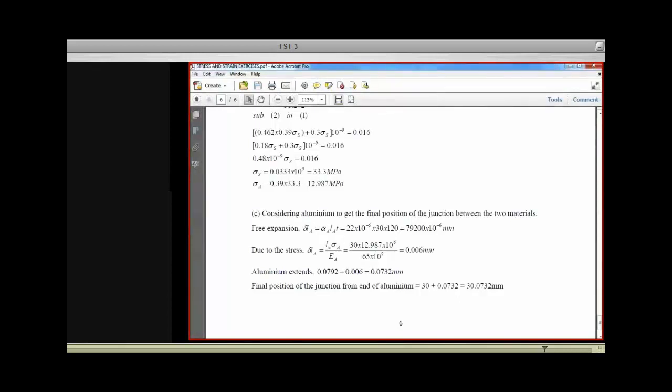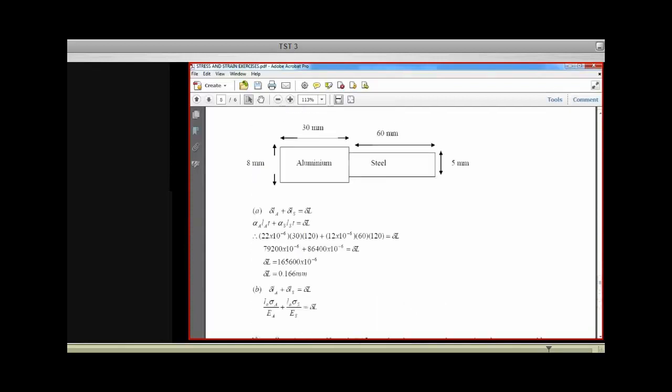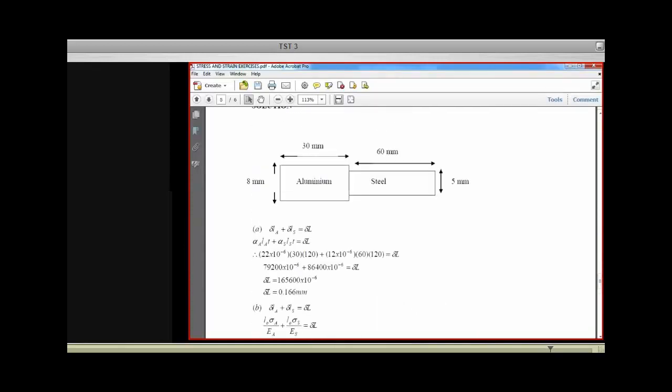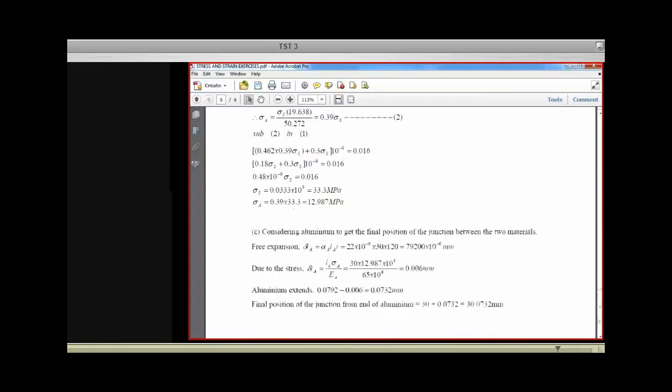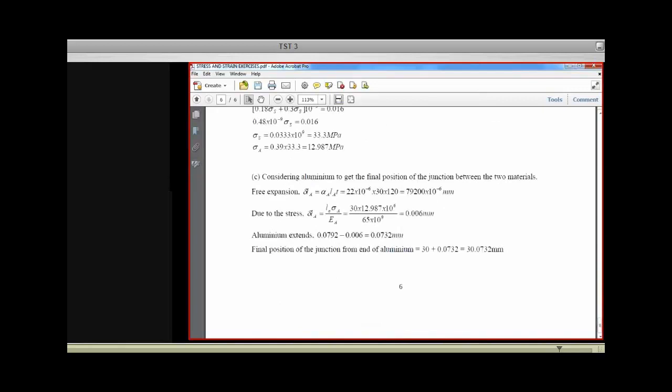If aluminum extends by this value, the new position of the aluminum will be that extension value plus the original length, because the length of the aluminum is this, then it has extended by that value. So the new position will be somewhere around there. So the new position of aluminum will be the length of the aluminum plus the change in length, as in the extension that the aluminum has extended. So we add it together to get the new position of the aluminum. And that will be the new position of the junction between the 2 materials.